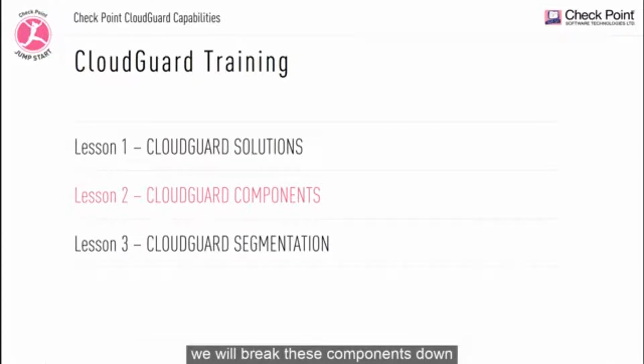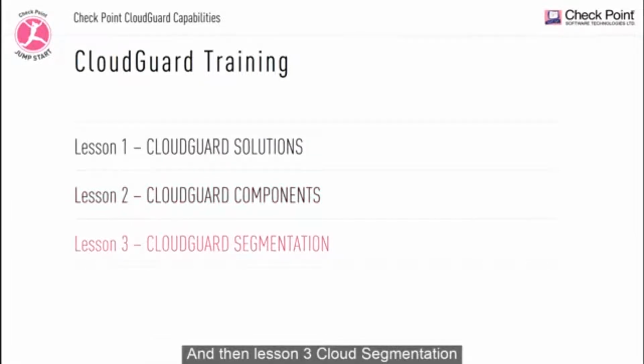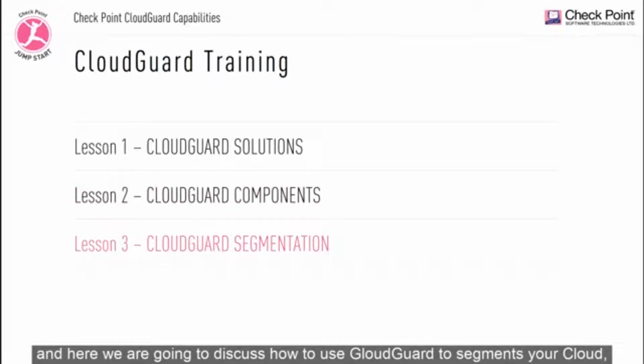We will break these components down to give you a better perspective on how they work. And then Lesson 3, Cloud Segmentation. CloudGuard can be used to protect your cloud environments, and here we're going to discuss how to use CloudGuard to segment your cloud, to give you the ultimate protection with north-south and east-west segmentation.